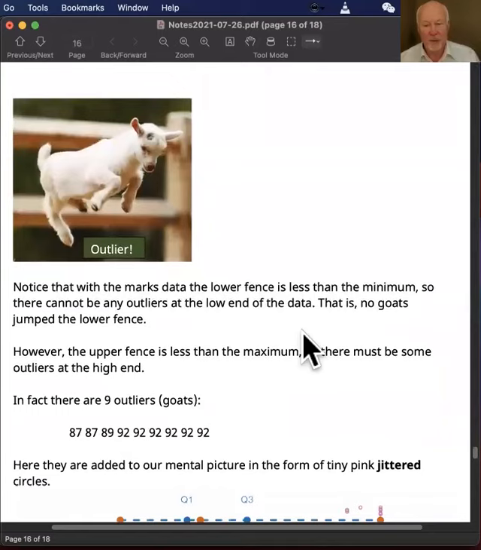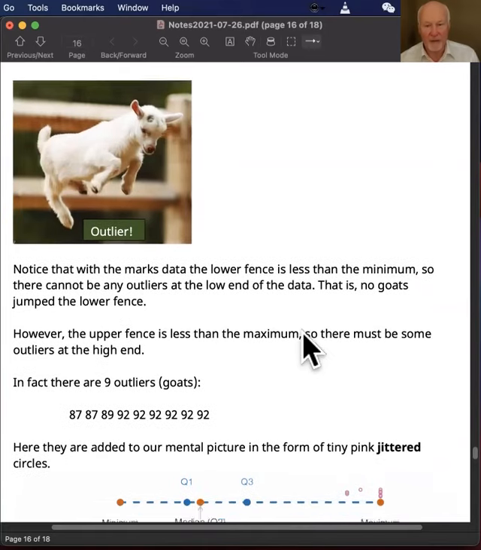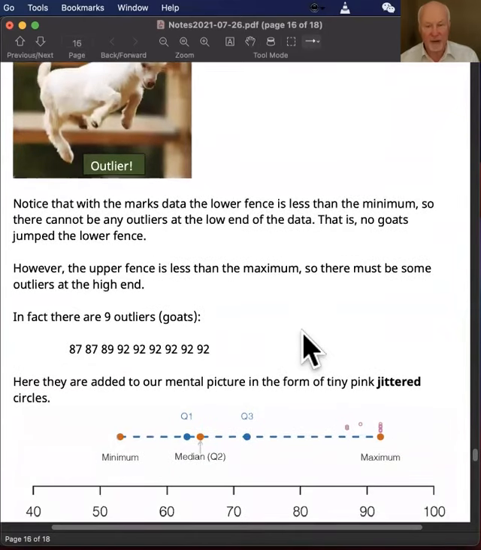With the marks data, the lower fence, 49.5, is lower than the lowest mark. The lowest mark is 53. So there are no lower end outliers in last year's course. No goats jumped the lower fence. But at the upper end, there are some outliers because the upper fence is less than the maximum.